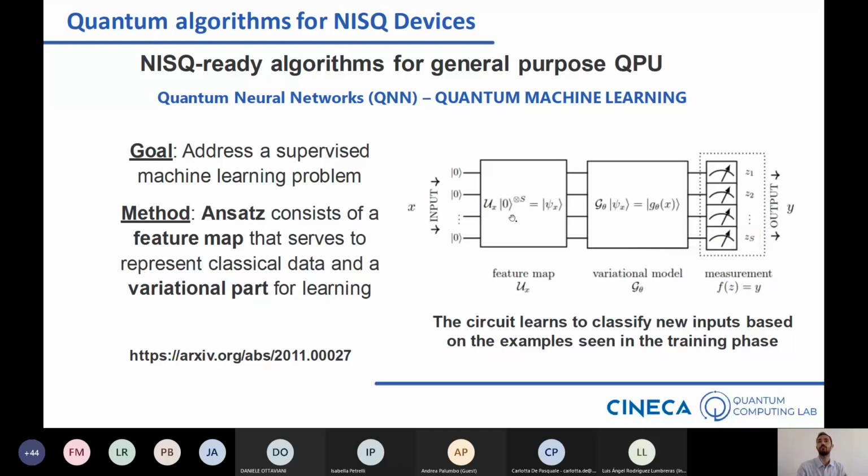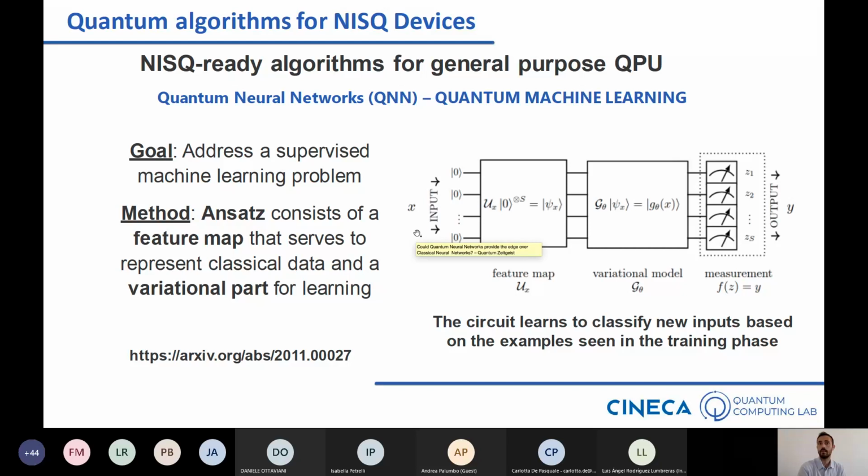The feature map is responsible for mapping everything into the quantum Hilbert space, which is probably larger than the input space.